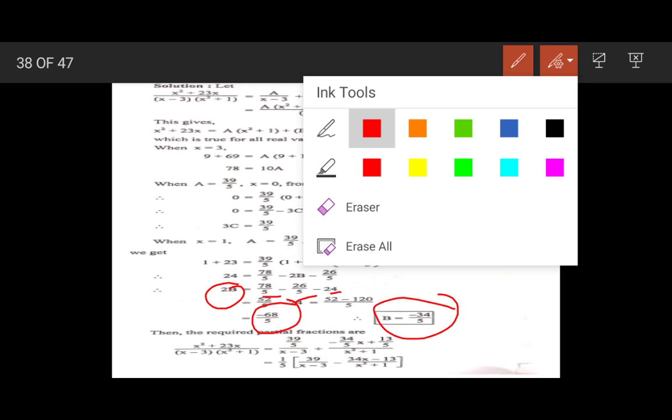Okay. Now the last step is substituting a, b and c in the partial fractions. So a is 39 upon 5 upon x minus 3 plus b is minus 34 upon 5 x plus c is 13 upon 5. Okay. Now taking 1 upon 5 as common.